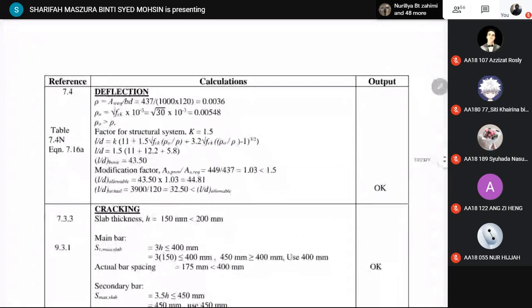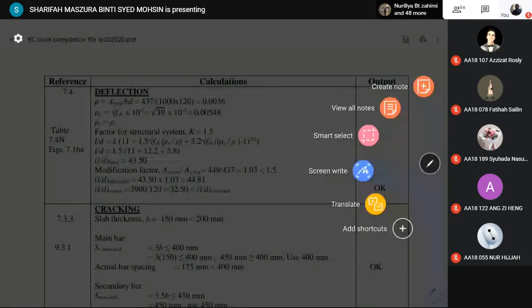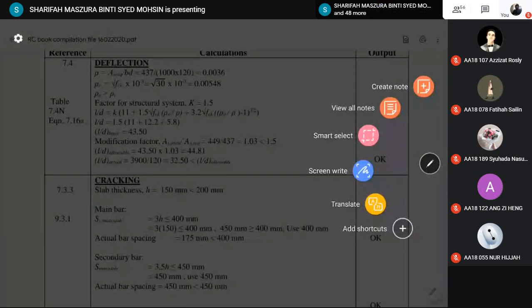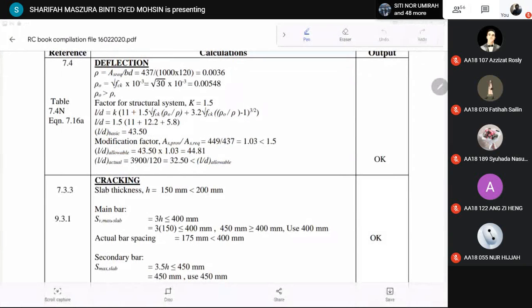So calculate L over d basic. We get 43.5. And modification factor for span, our span is 3.9 meter, which is not more than 7 meters. There's no factor for the span.